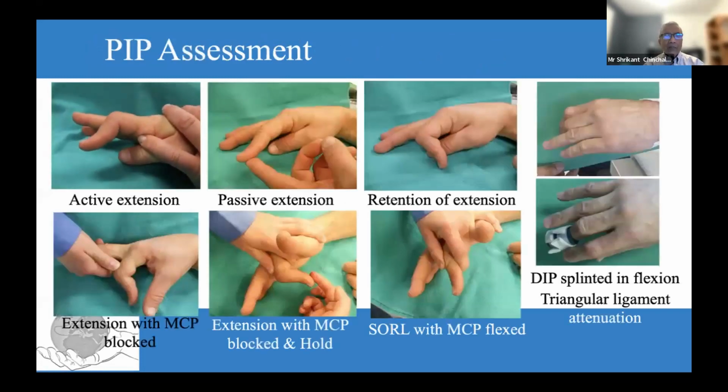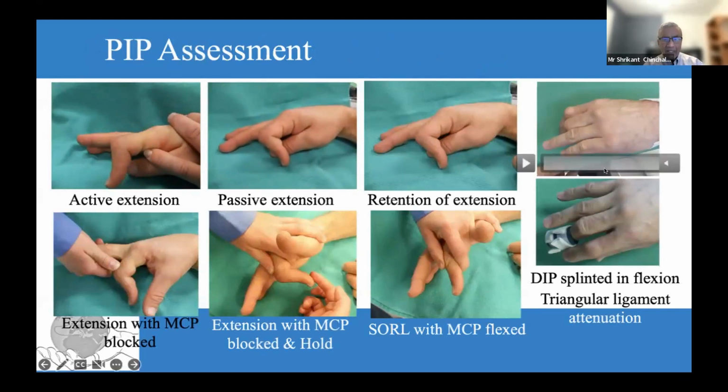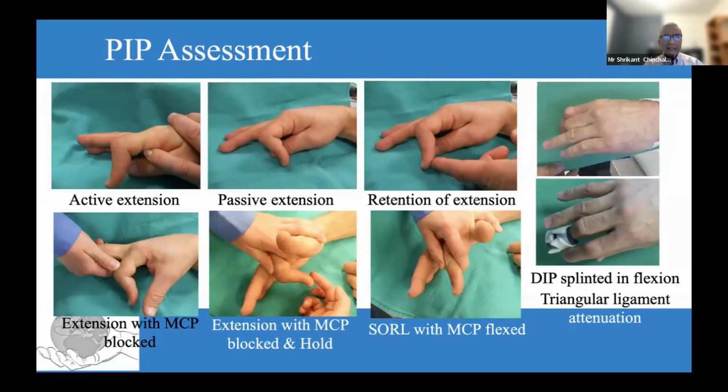So I put these patients through critical evaluation. I look at the finger, especially to see whether they have any active extension of the PIP joint. I'll ask the person to extend the PIP joint passively and see whether the person is able to retain the extension and for what length of time.